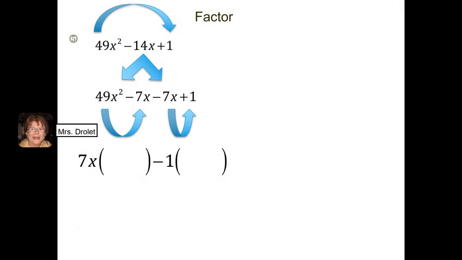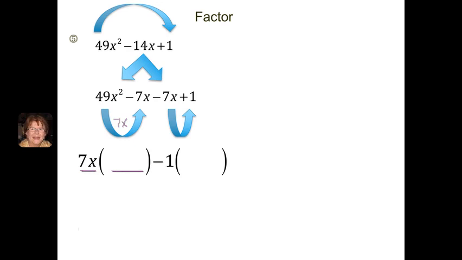So if I look at the first two terms only, the common factor is 7x. That's why I place it in front of the brackets. In order to get the other factor, I divide 7x into both terms.